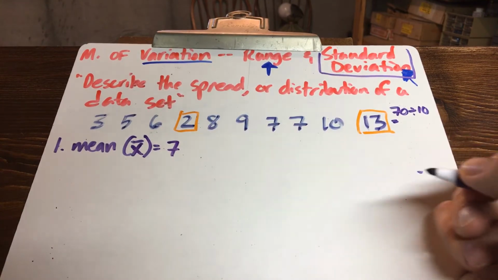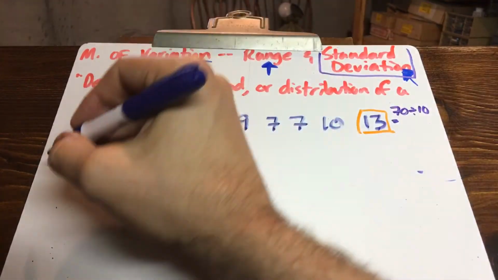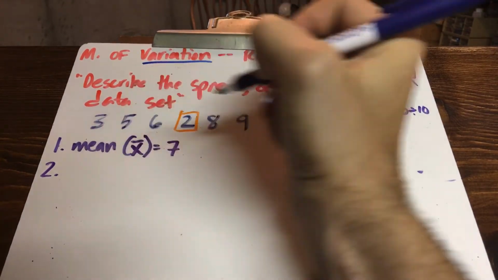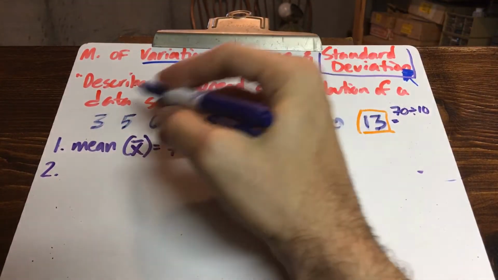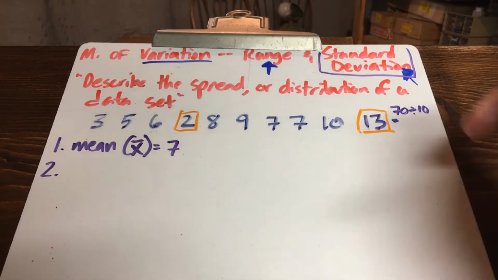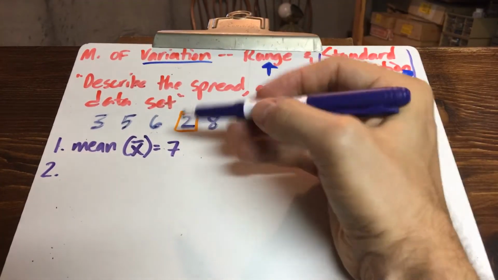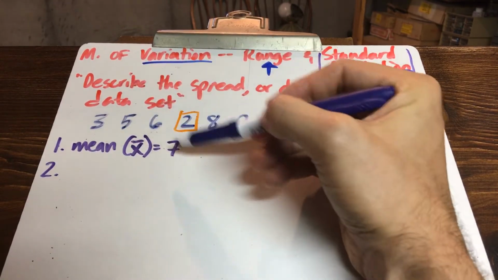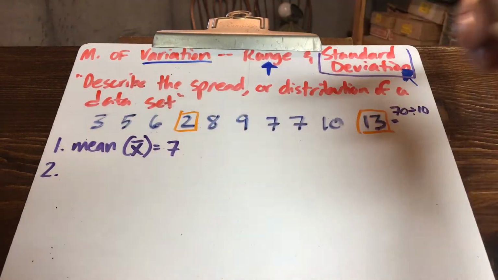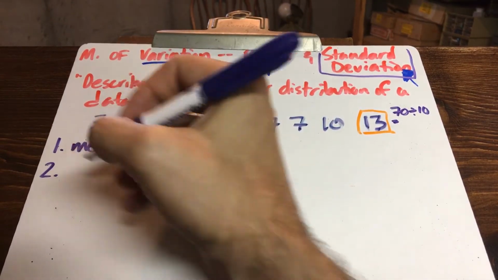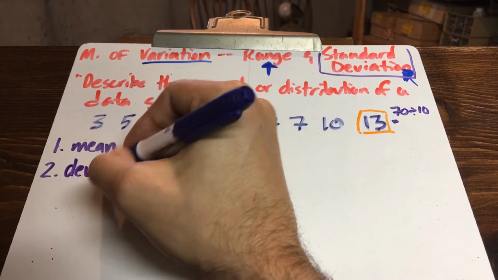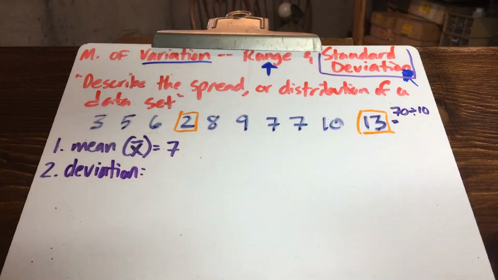Now, step 2, what you do is you find the deviation, right? The deviation of each data value. That means each number in the list. Basically, that's a fancy way of saying, tell me how far away from the mean is each one of these numbers, right? Sometimes it helps to make a table, but I don't have a table already drawn, right?